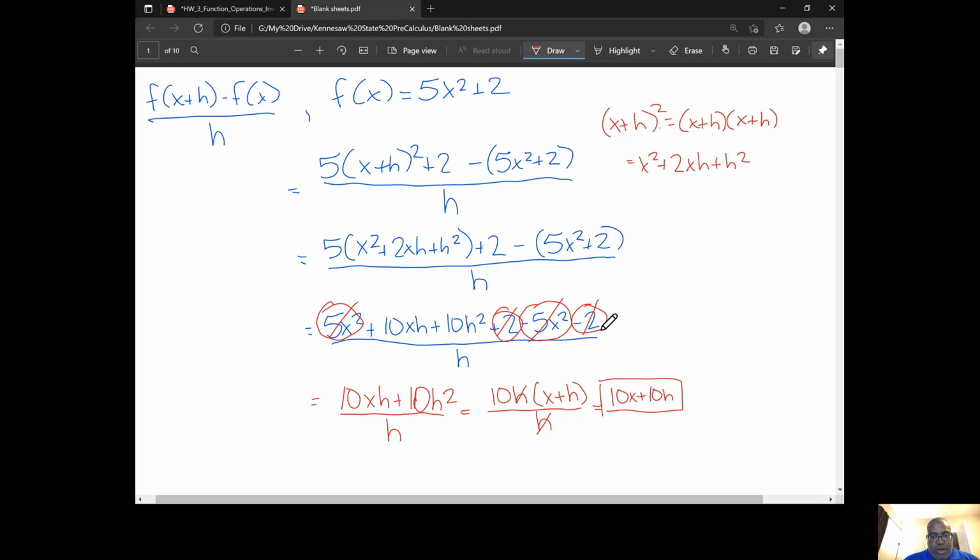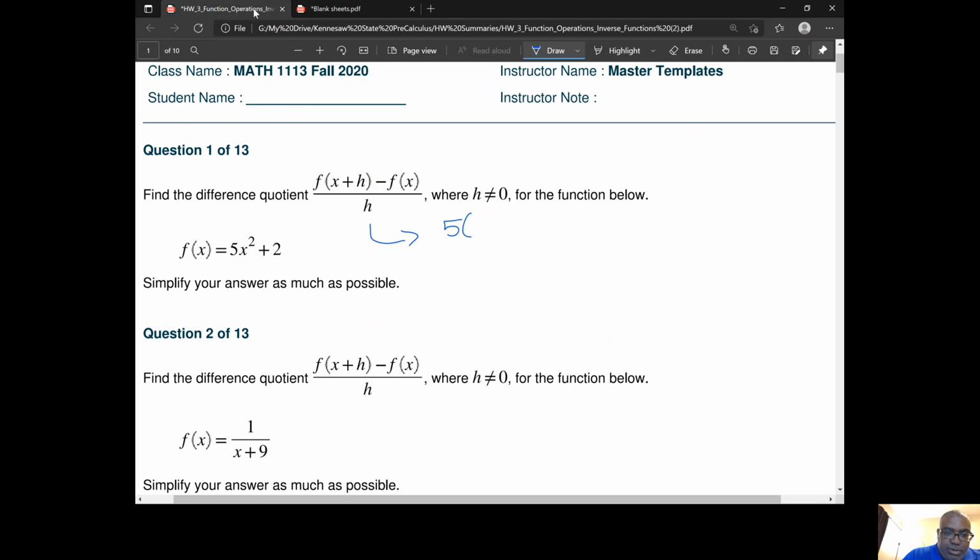The 2's cancel each other out. And then you're just left with this. Simplify that, so we have 10x plus 10h. Yep, that is it.